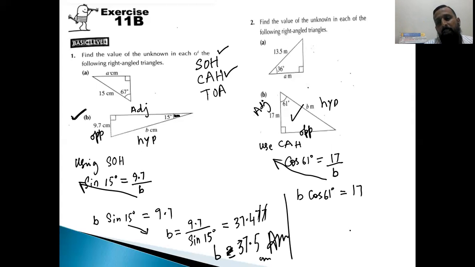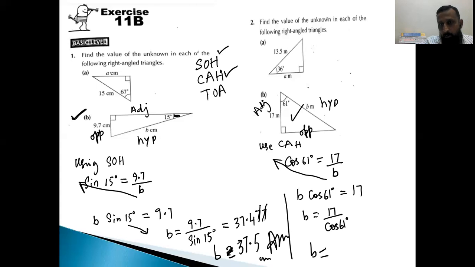In order to find B, I'll cross multiply cos 61 degrees downwards. So B equals 17 upon cos 61 degrees. So my final answer is found to be, I'll use the same function, the fraction function. My numerator is 17.